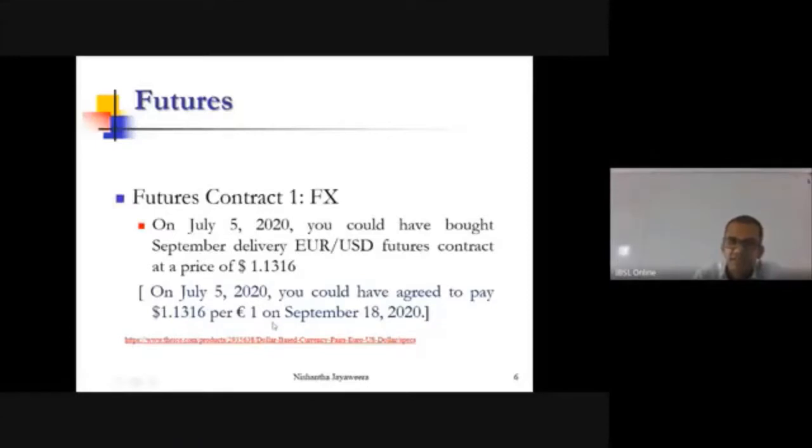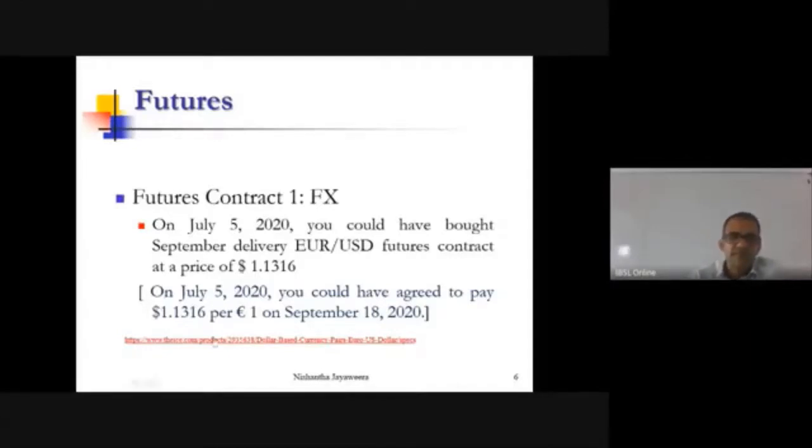Why is it September 18th? That is the delivery date specified by the exchange. It's not a date that you decided. It's the date decided by the exchange, not by any of the parties to the transaction.